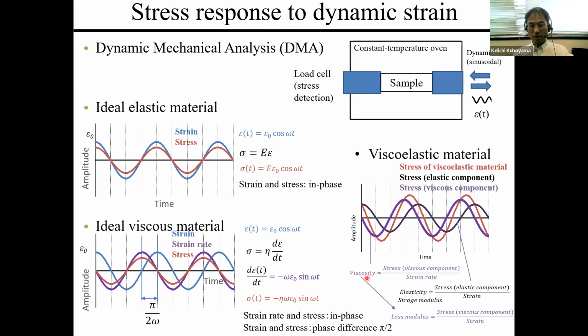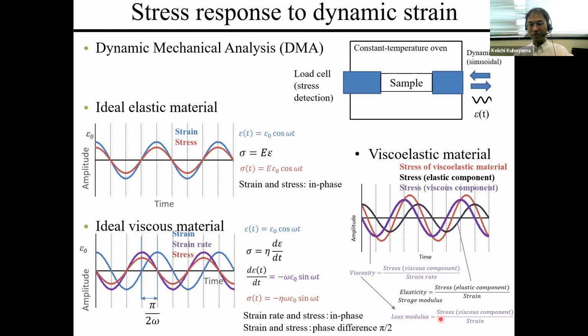Viscosity can be represented by stress over strain rate, and elasticity can be shown by this one, stress over strain. But from these equations, you can see that the units of viscosity and elasticity are different from each other. So in the case of dynamic measurement, in some cases you can use not viscosity, but loss modulus.